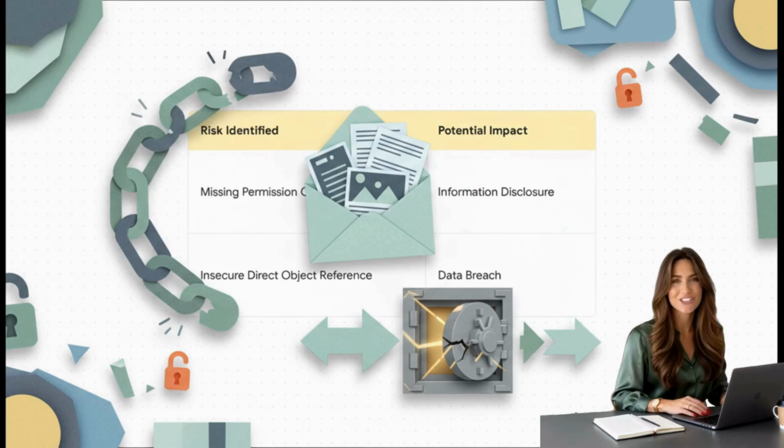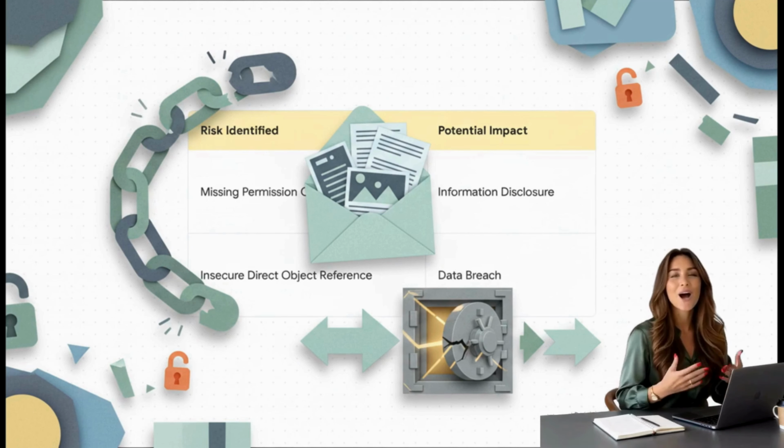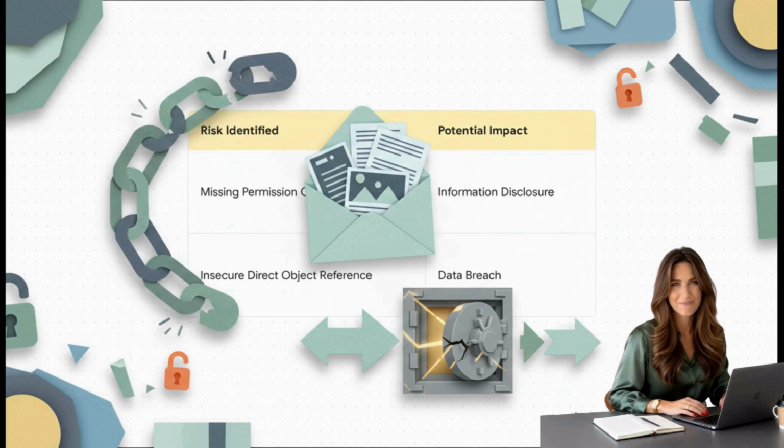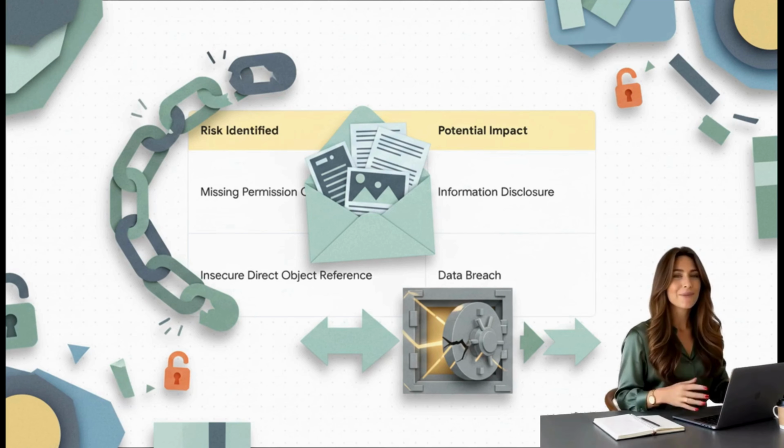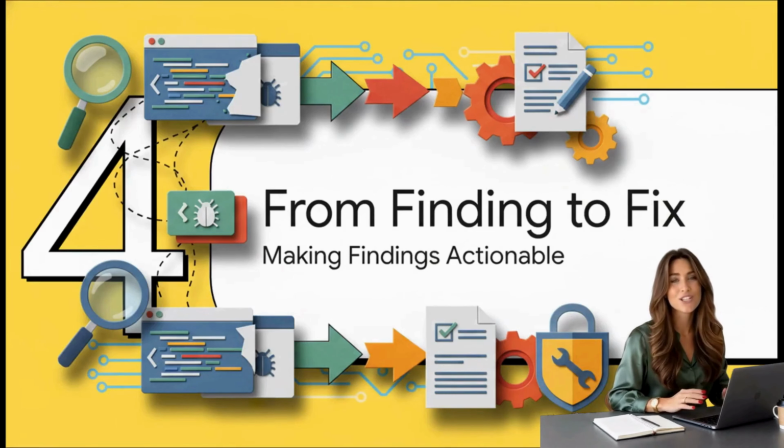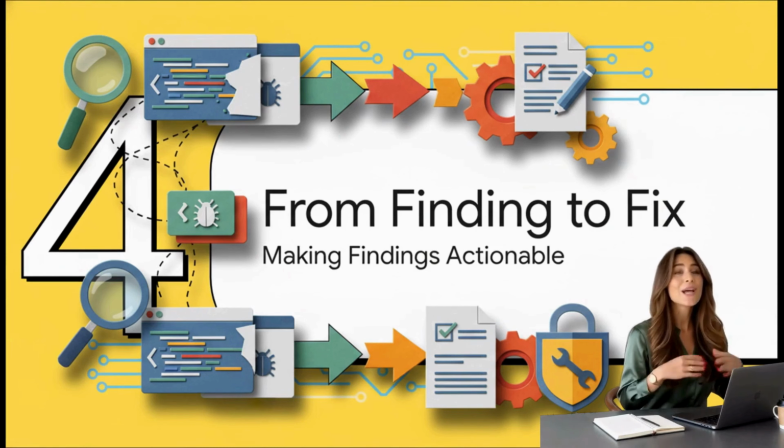And if the answer to that question is no, well, we've just found another critical vulnerability. This is often called an insecure direct object reference, or IDOR. The risk is that there are no permission checks, and the potential impact is massive information disclosure. We're talking about a full-on data breach where you could be leaking sensitive user data to absolutely anyone who figures out the pattern.